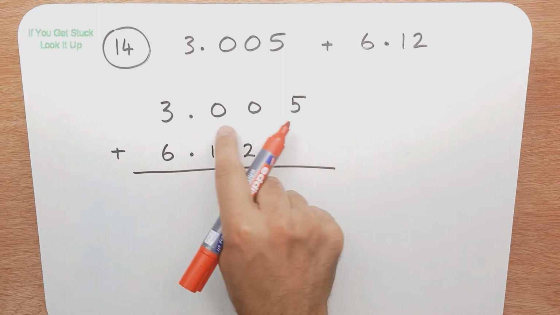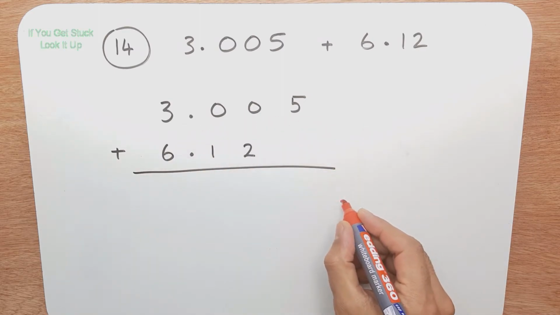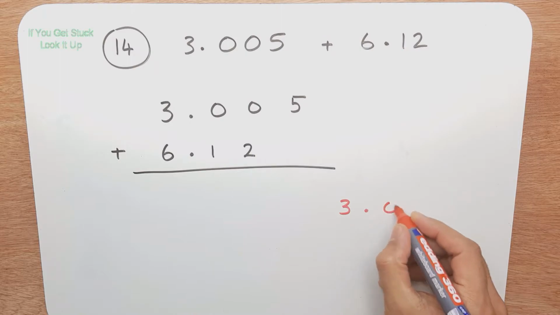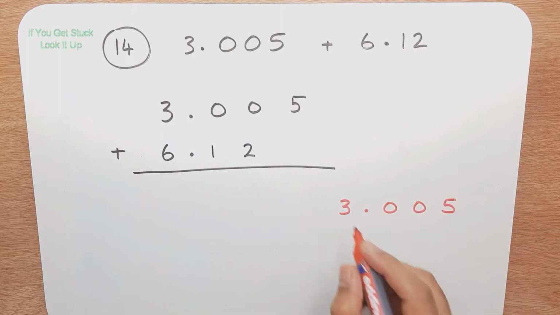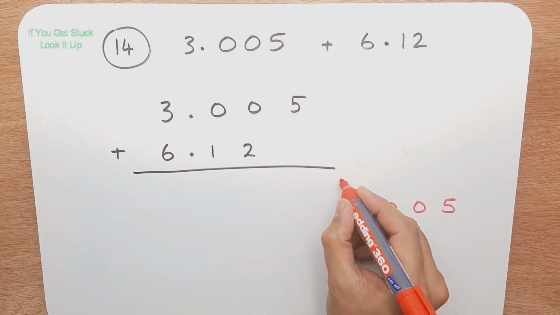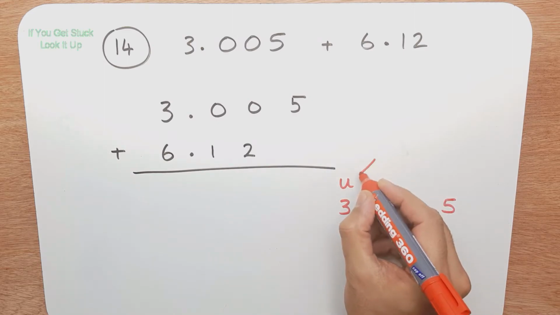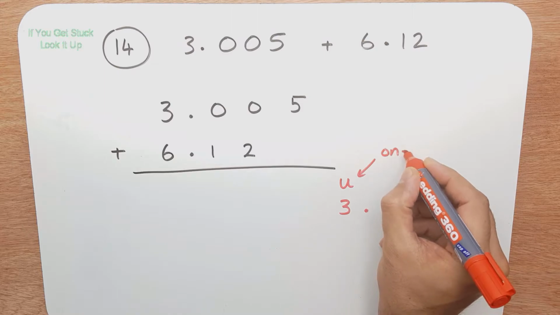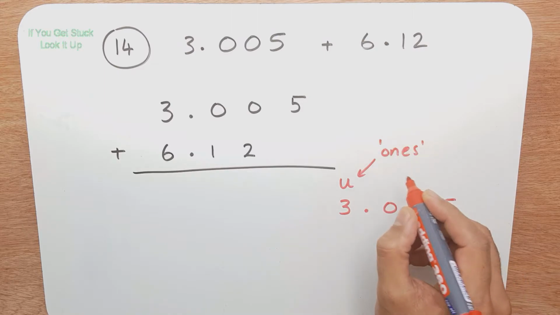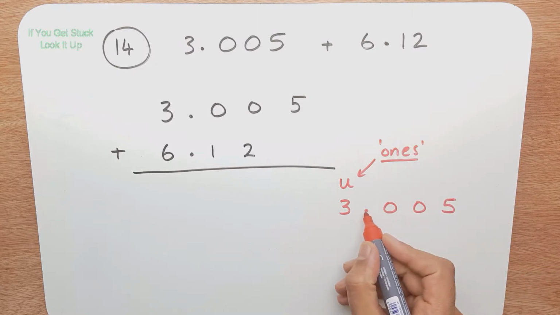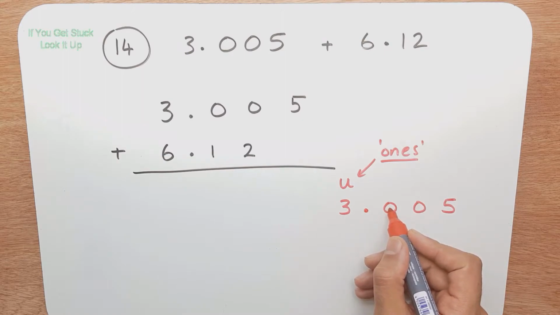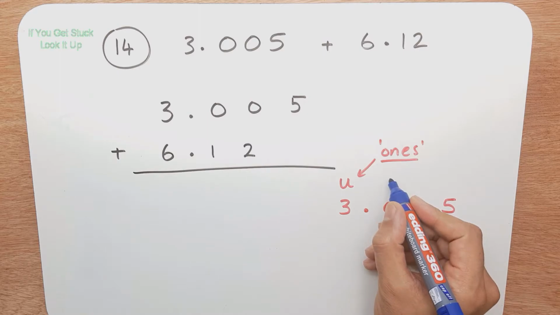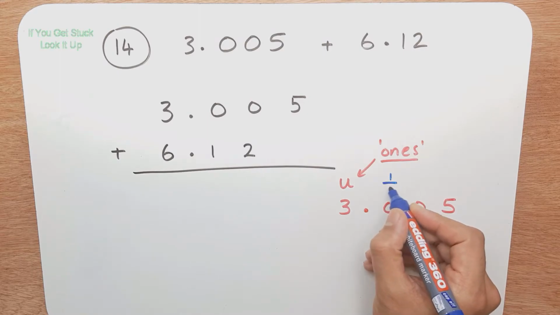Just on a side note, let me just try to explain this. This is the ones column or the units column. Now, there's the decimal point, and now this column here is the tenths column.